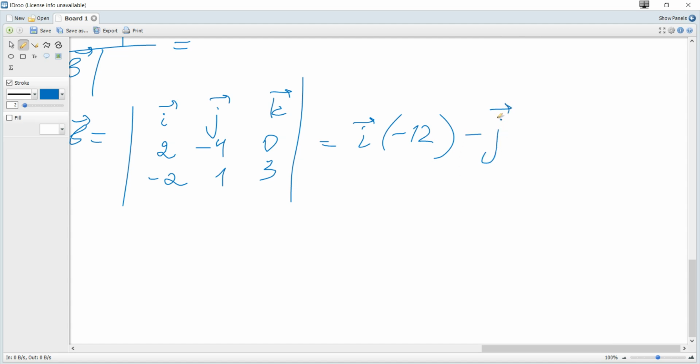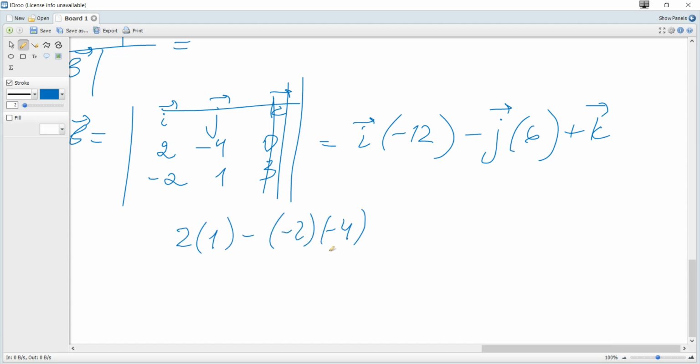Minus J, always minus J, and remove this and the determinant of this 2 by 2 matrix, which is this product minus this product, so it's 6 minus 0, just 6, plus K, and the determinant of this 2 by 2 matrix is 2 times 1 minus negative 2 times negative 4, so it's 2 minus 8, it's negative 6.